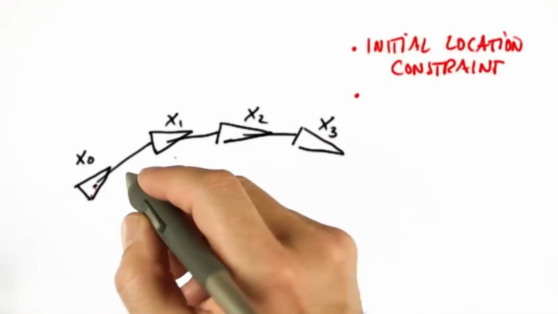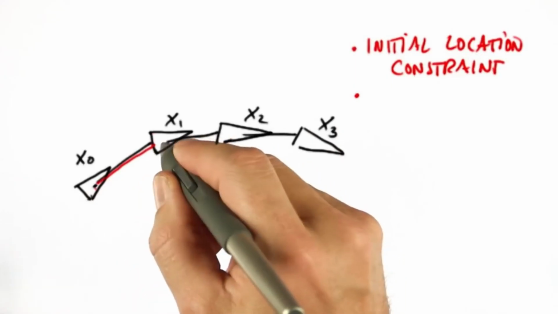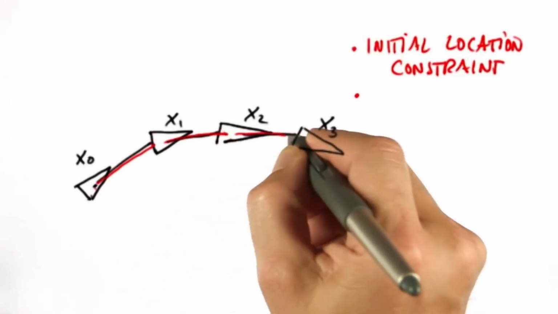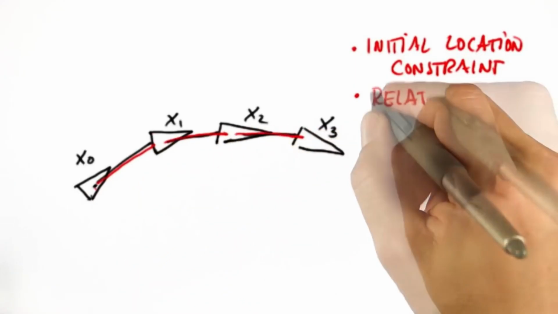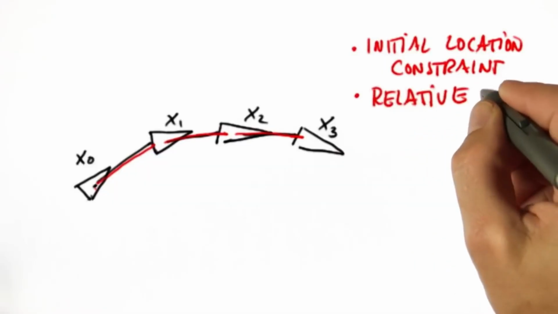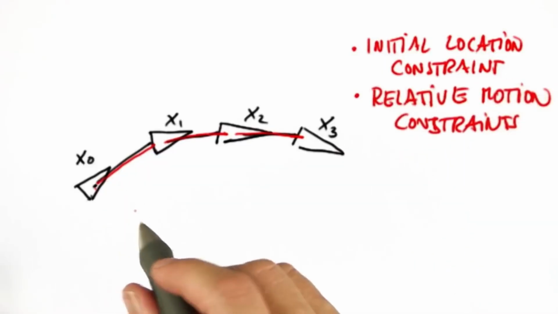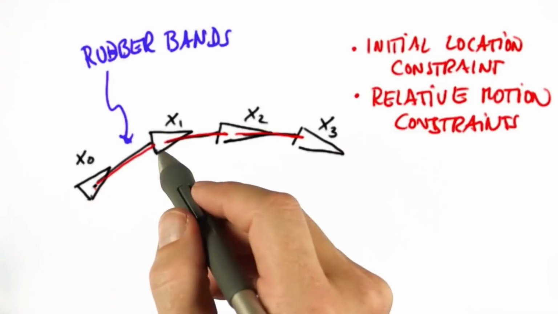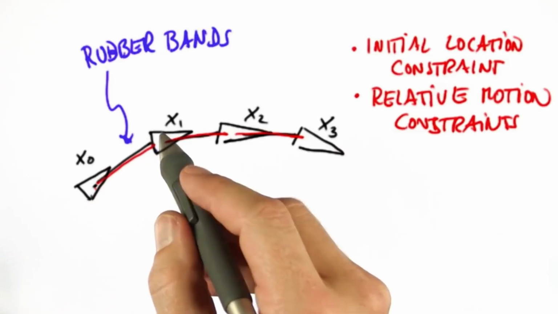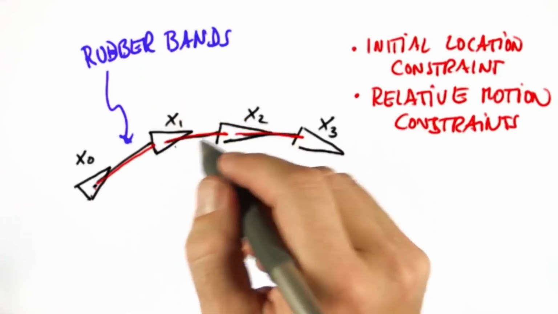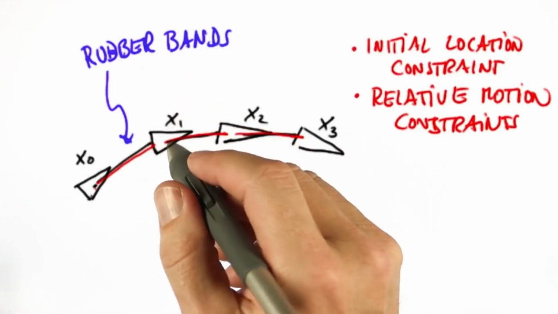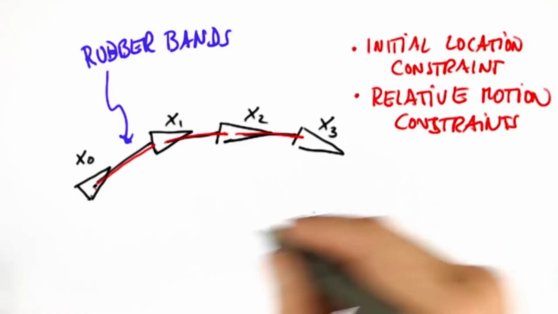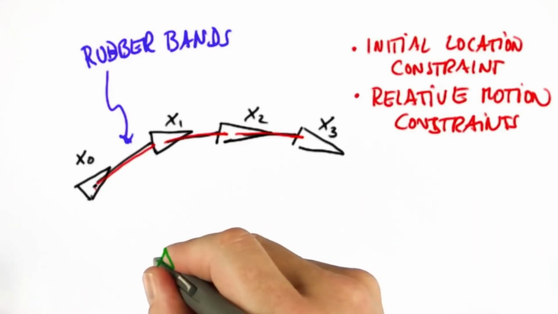And then, really importantly, lots of relative constraints that relate each robot pose to the previous robot pose. We call them relative motion constraints. You can think of those as rubber bands. In expectation, this rubber band will be exactly the motion the robot sensed or commanded. But in reality, it might have to bend it a little bit to make the map more consistent. And speaking about maps, let's use landmarks as an example.